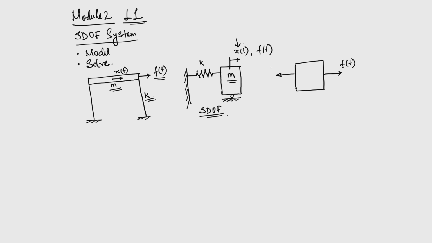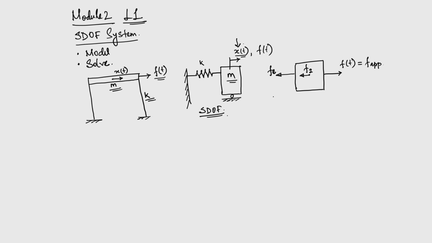This is the elastic force F e, and this f of t is the applied force, and there will be an inertia force because we try to deform its location by x of t. So, there will be an inertia force I. These are the 3 forces acting.